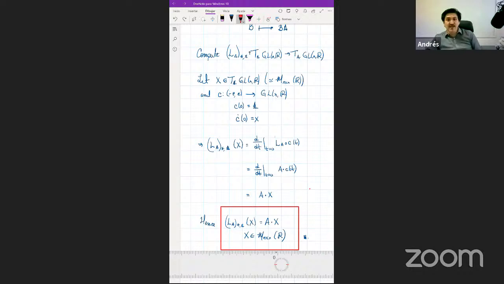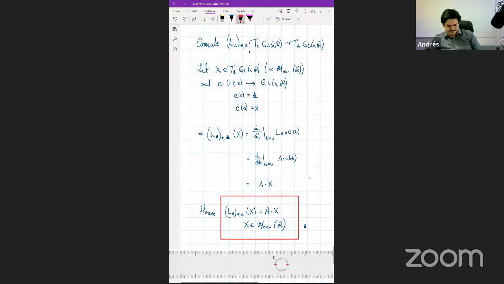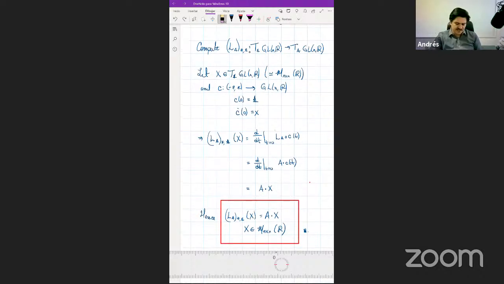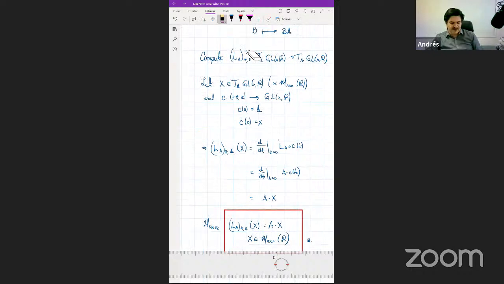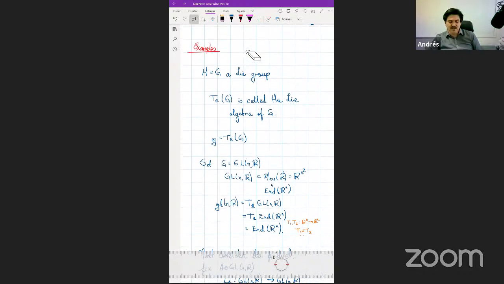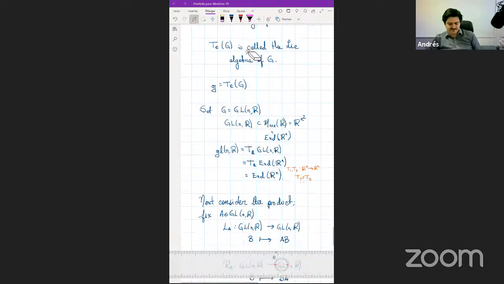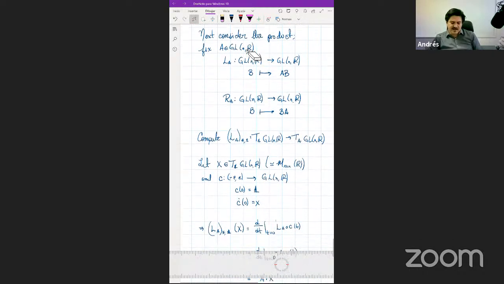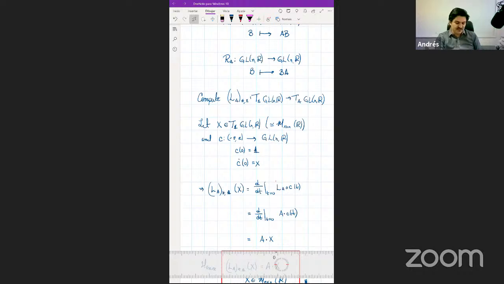In a similar way, you can compute the differential of the right multiplication by A. Okay, so this is the conclusion of all of this last part, which is related to Lie groups or a particular group, just GL_n, and how to compute the differential, but using curves.